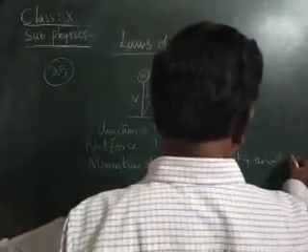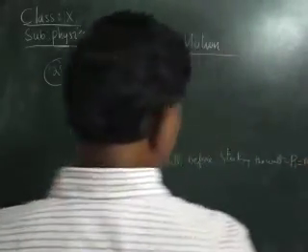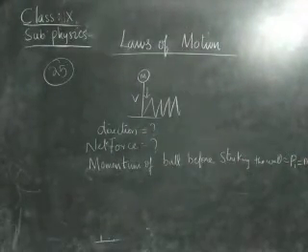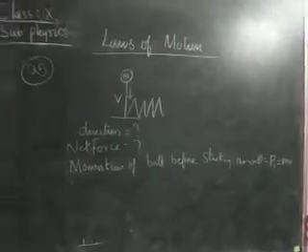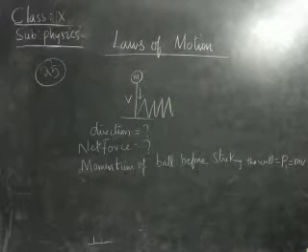That is mv, the initial momentum. It is mv, the momentum of the ball before striking it.